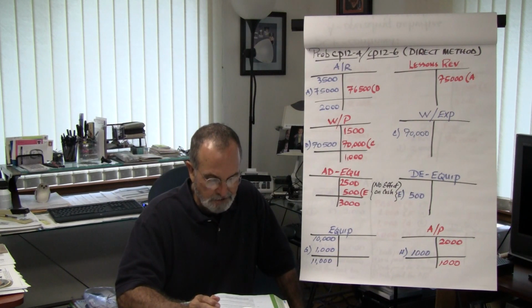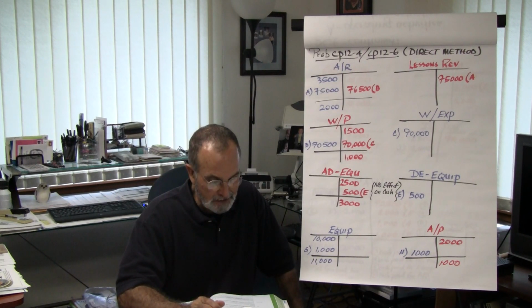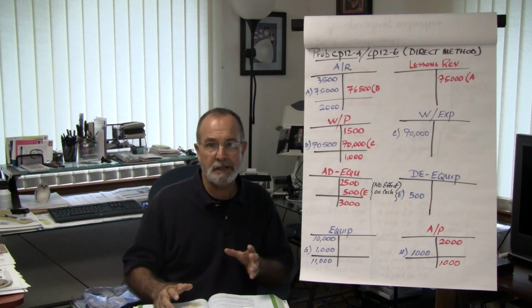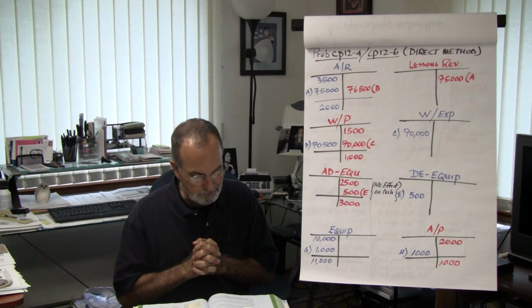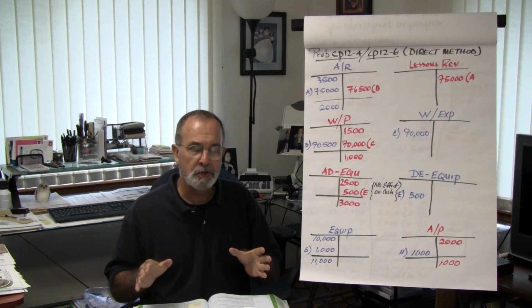It shows us the income statement account totals for 2010. And then below that, it shows a few items called additional data, information that we need to be able to complete the statement of cash flows. That's what we need at a minimum.